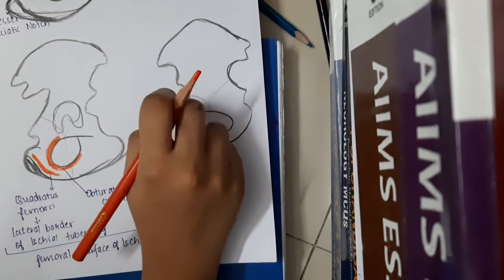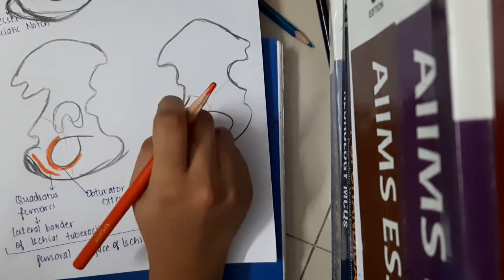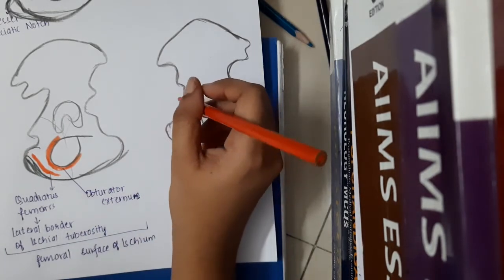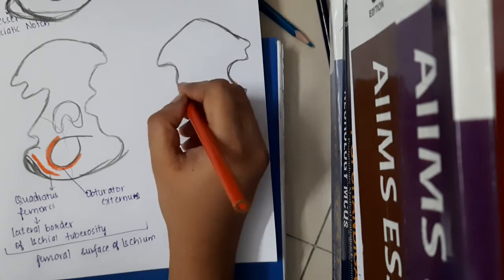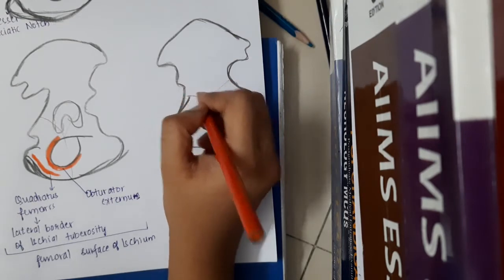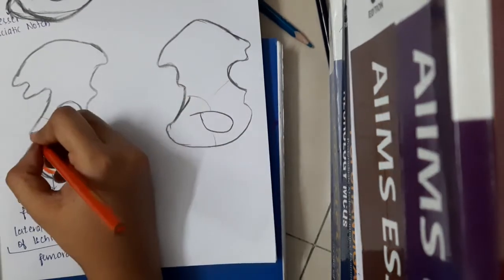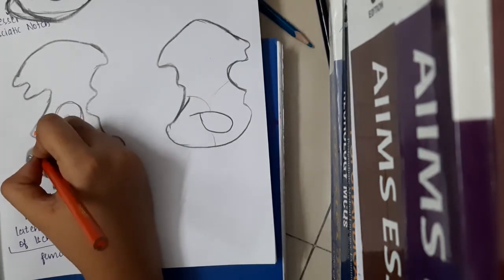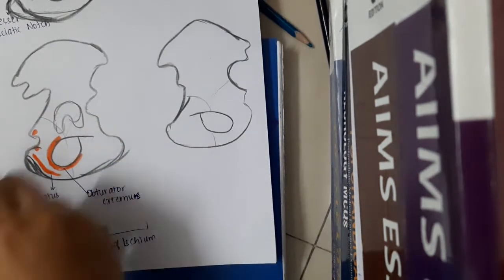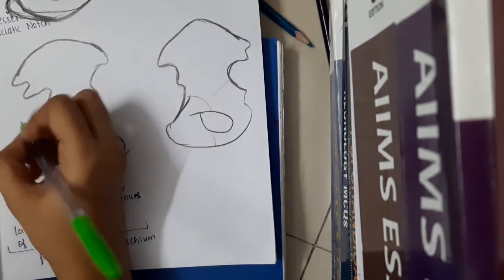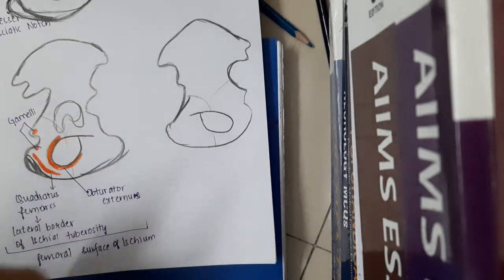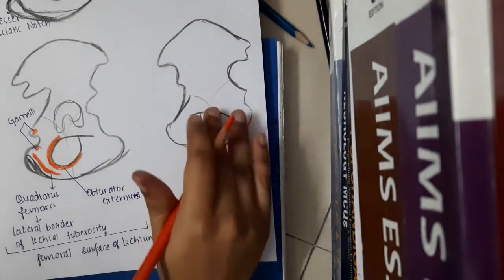Here in the dorsal surface of ischium, you have the two gemellae. This is the lesser sciatic notch, and on either side of the lesser sciatic notch you will see the gemellae. These gemellae are also a part of the dorsal surface.